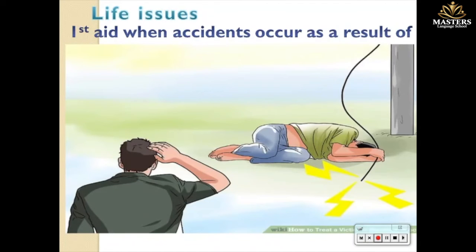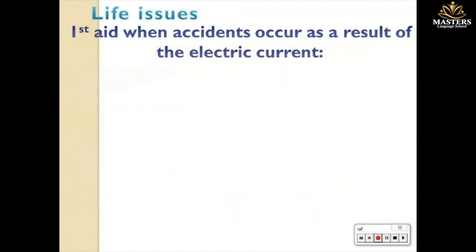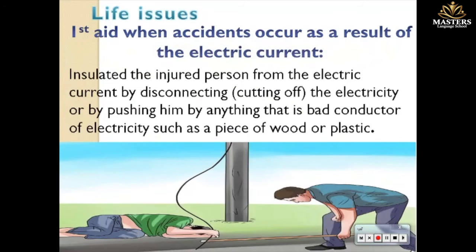The last issue, first aid when accidents occur as a result of electric current. In this figure, we have to do steps. Step number 1, insulate the injured person from the electric current, by disconnecting or cutting off the electricity.